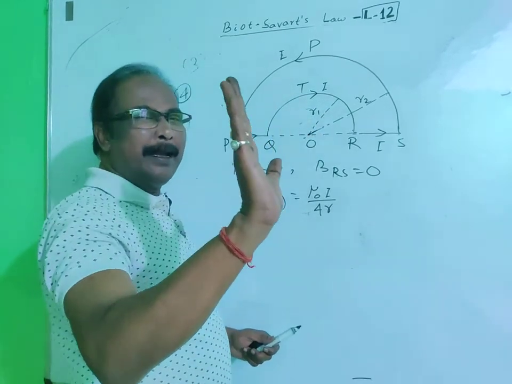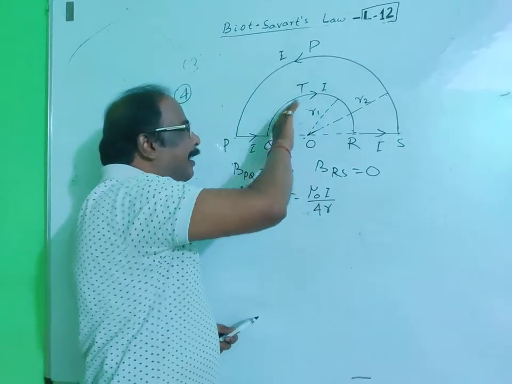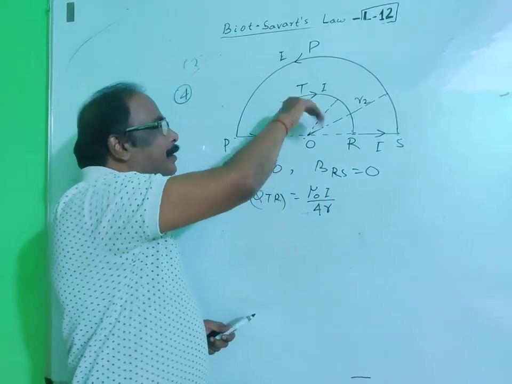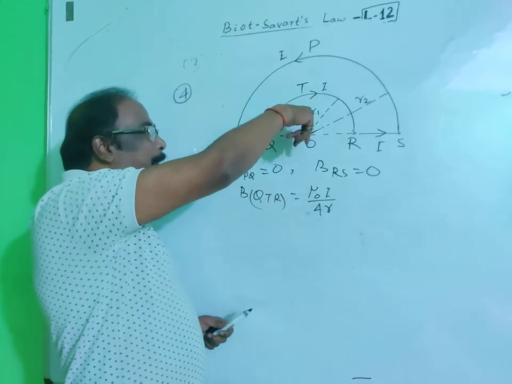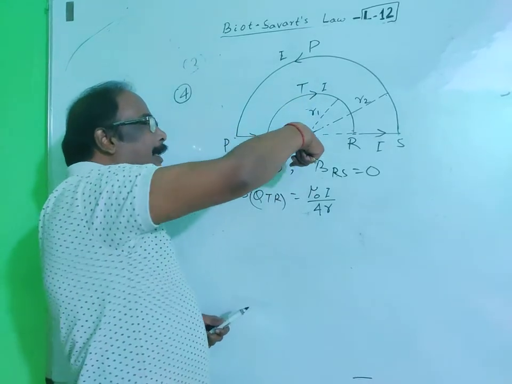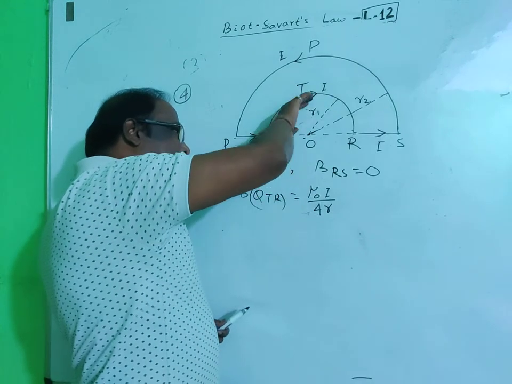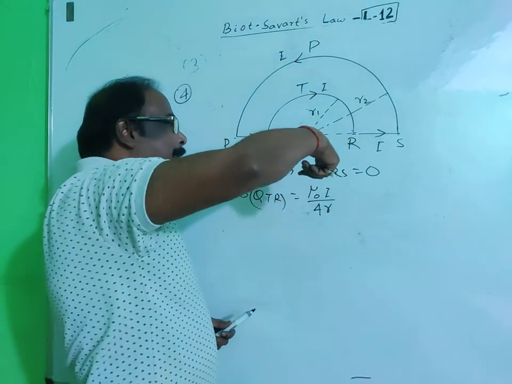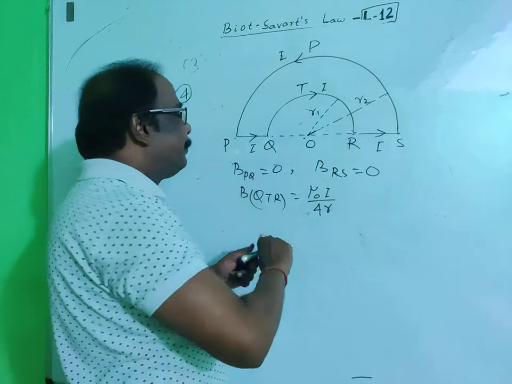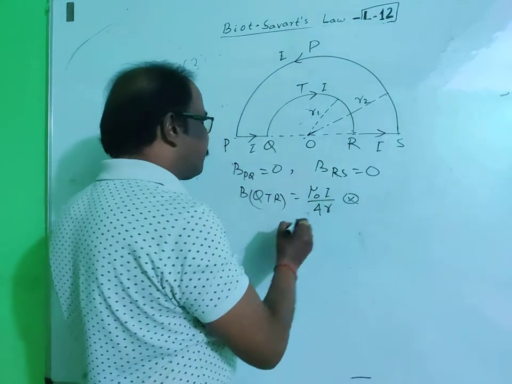Just apply the right hand thumb rule. Curling fingers along the direction of flow of current, the thumb is inwards. So magnetic field is inward, cross.